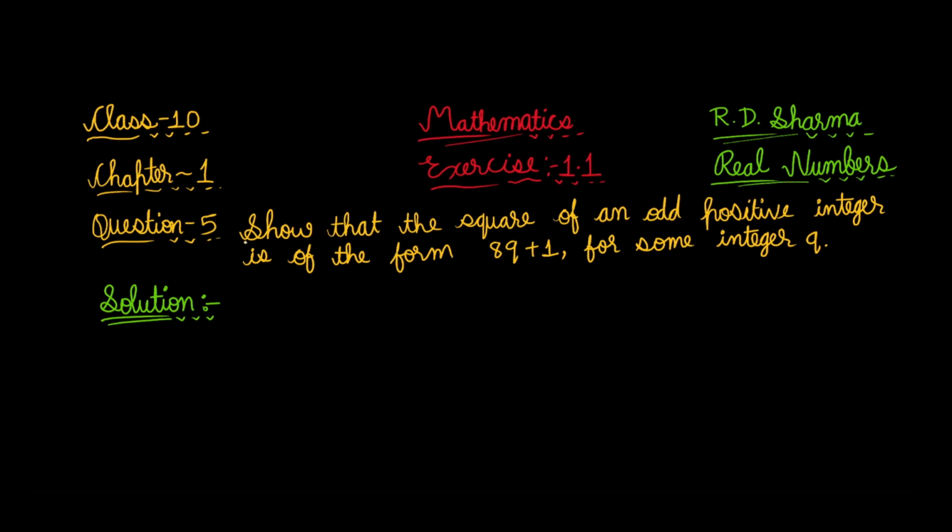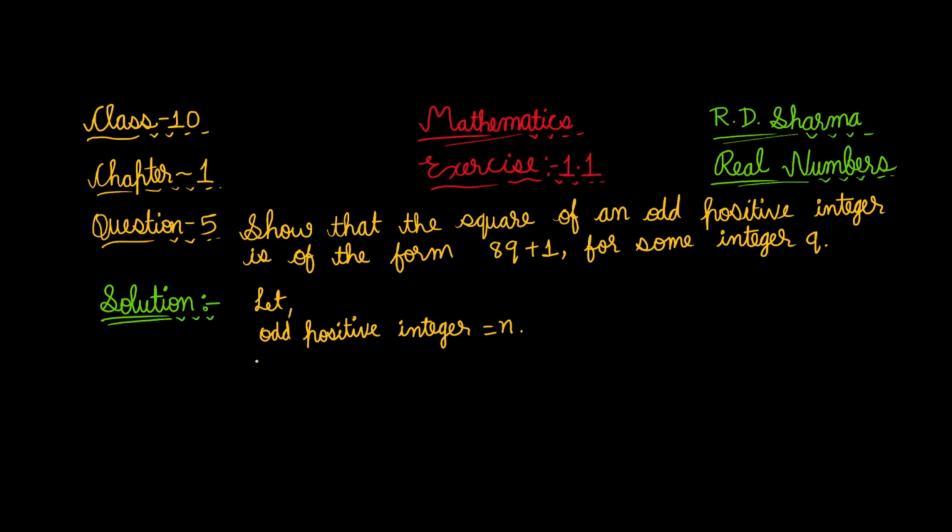So the question is to show that the square of an odd positive integer is of the form 8q plus 1 for some integer q. So we will let the odd positive integer be equal to n.